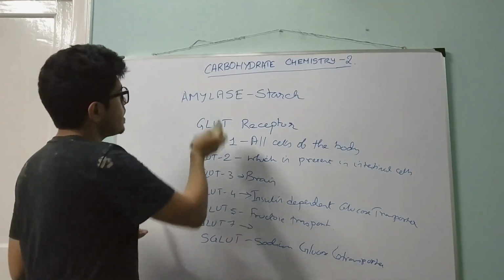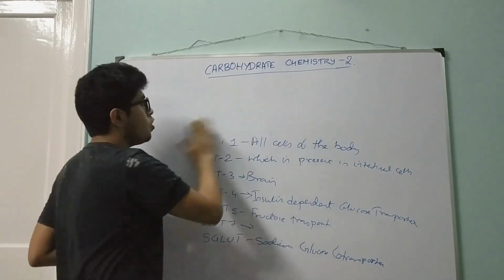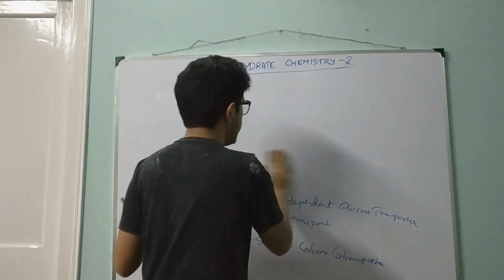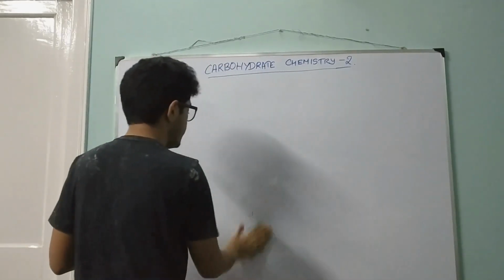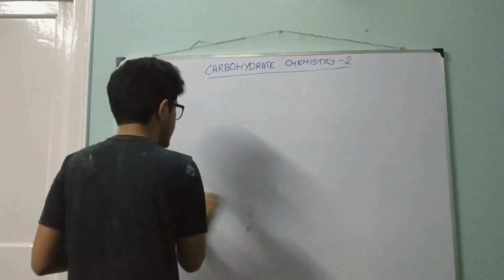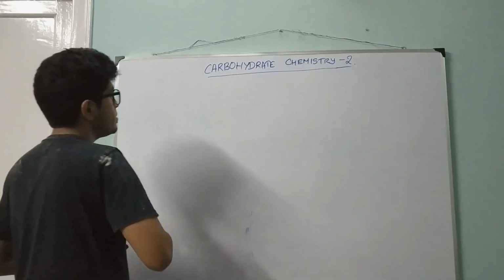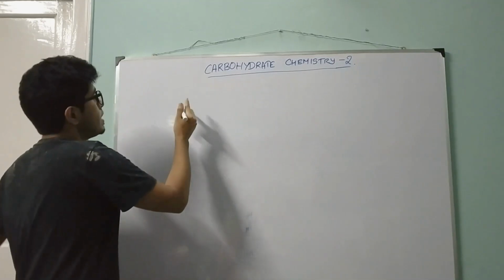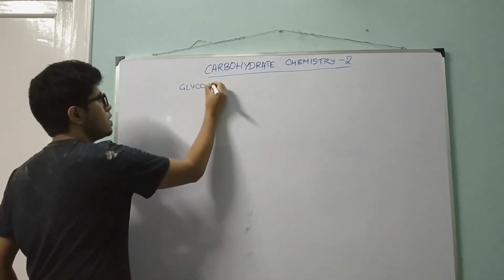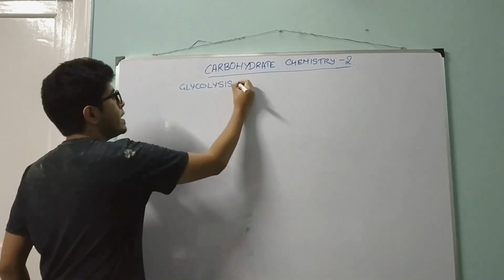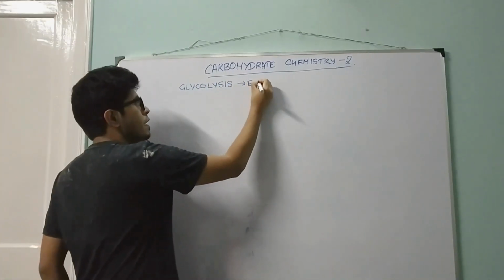glycolysis pathway. Glycolysis is also known as the Embden-Meyerhof-Parnas pathway. Glycolysis is a primary pathway which takes place in all living cells.